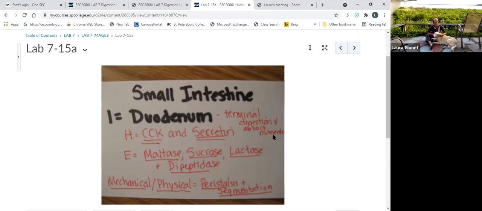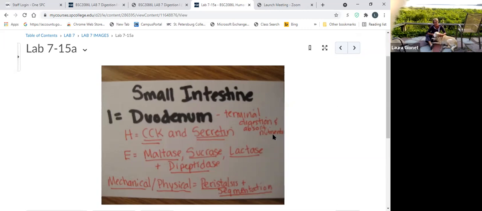But as the chyme and the contents of the small intestine move farther down the small intestine, remember it's a very long, narrow diameter tube, they will be acted upon by even more enzymes produced by certain cells further down the tube. Where the pancreas merges at the duodenum, we initiate a lot of digestion of carbohydrates, proteins and lipids. Maybe not entirely down to the building blocks, but it continues their digestion.